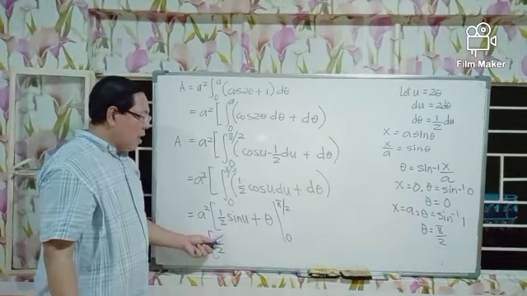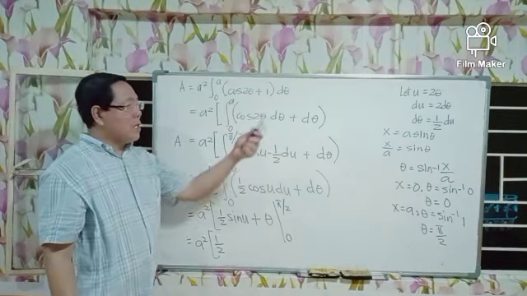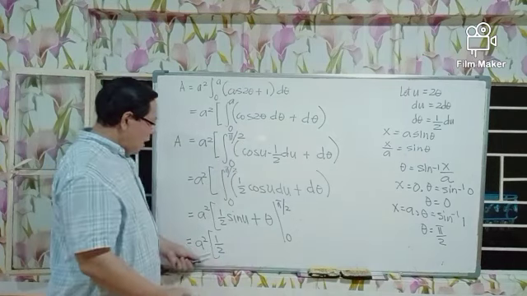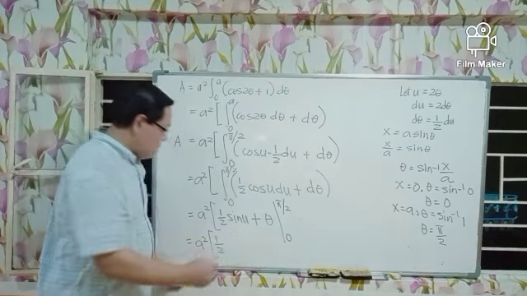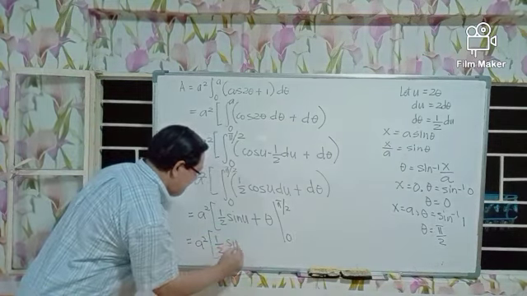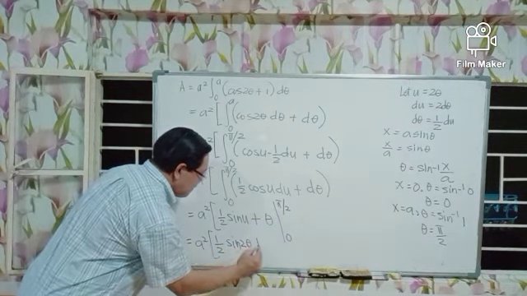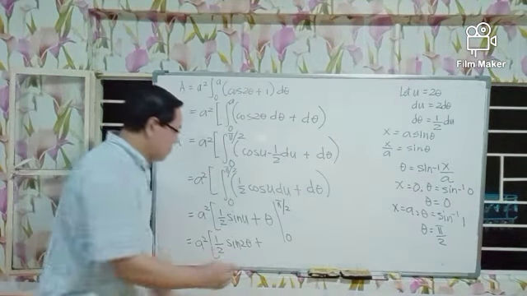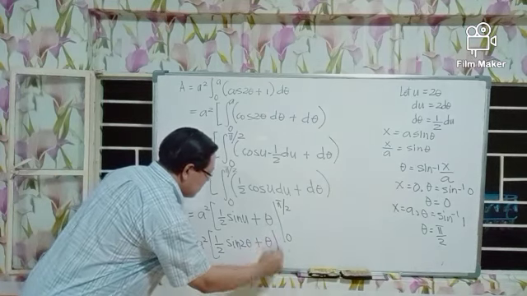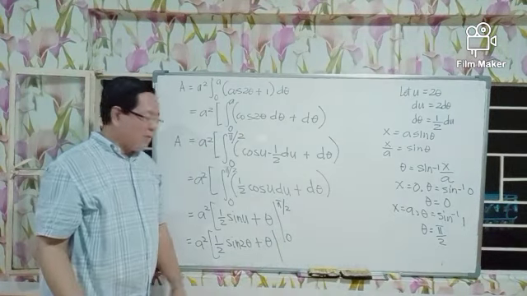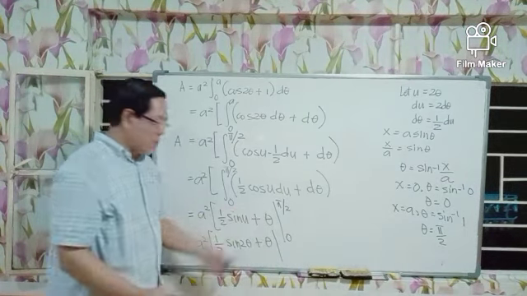This becomes 1/2 times sine u, where u is equal to 2 theta: 1/2 times sine of 2 theta, plus theta, evaluated from 0 to pi over 2.